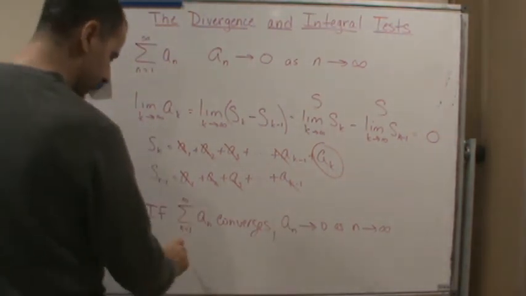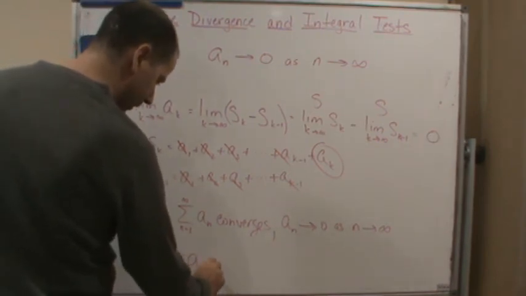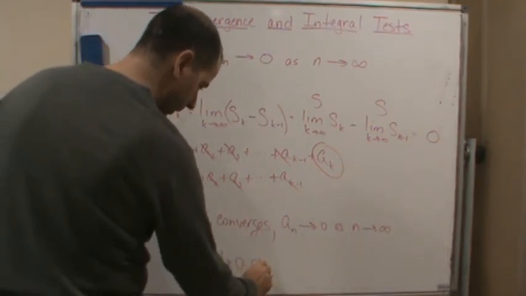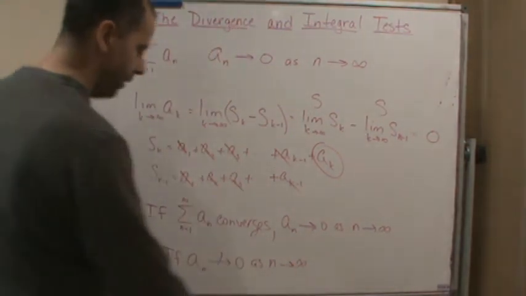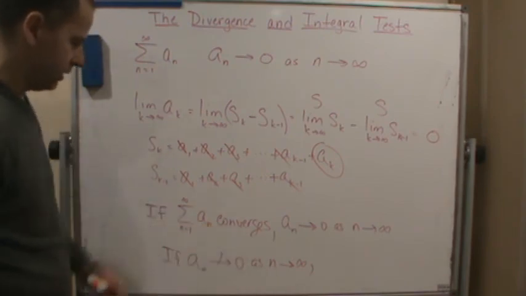What does it mean? It means that if a sub n does not approach 0 as n approaches infinity, then what can we conclude? Then the series must diverge.